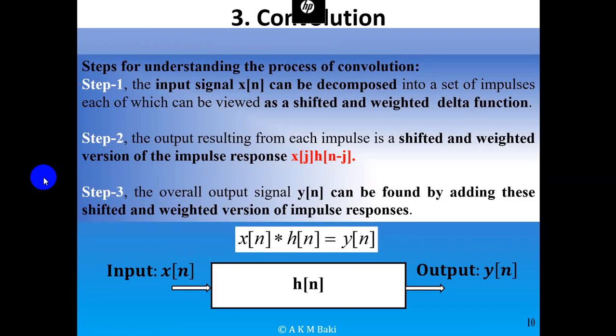In 3 steps, you can find the output. The first step is decomposition. The second step is related to impulse response, and the third step is related to summation of impulse responses. We can check it one by one.